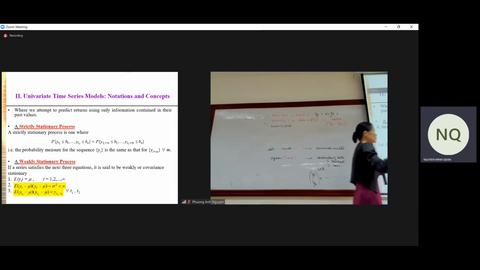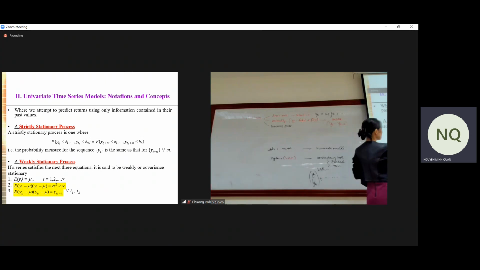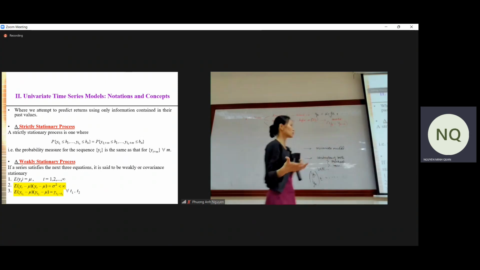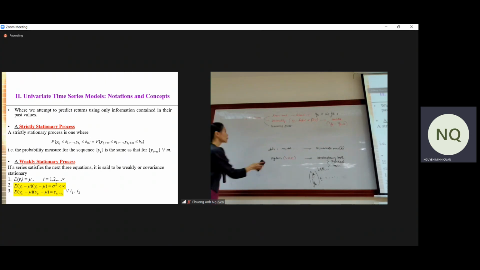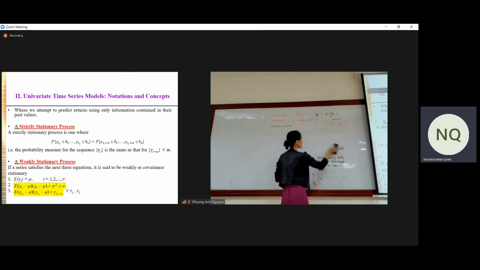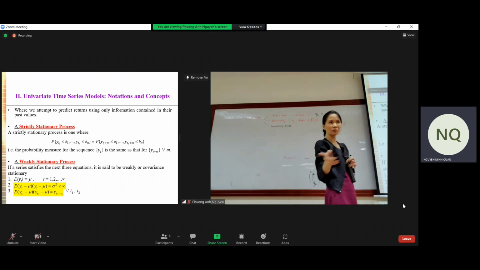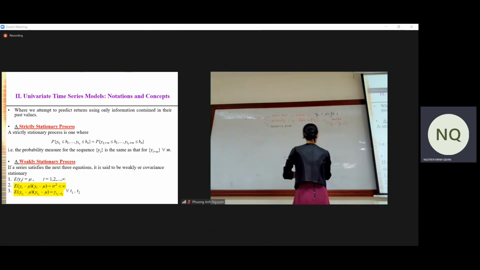But an easier concept of stationarity that we call weakly stationary is easier to work with. The series is said to be weakly stationary when it has a constant mean, constant variance, and constant autocovariance for a given lag. I hope that you see the last part of the slide.